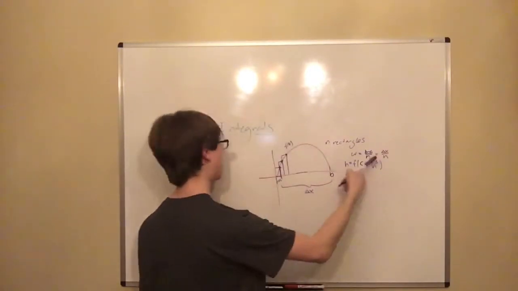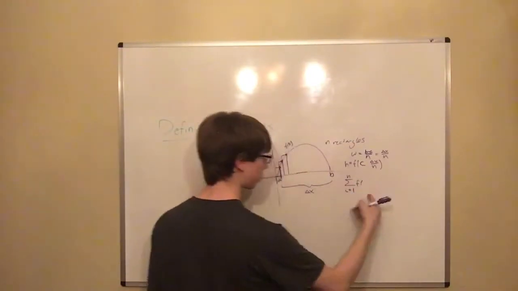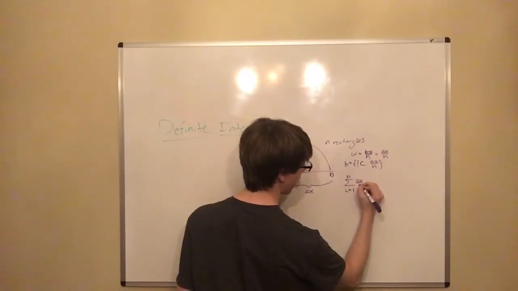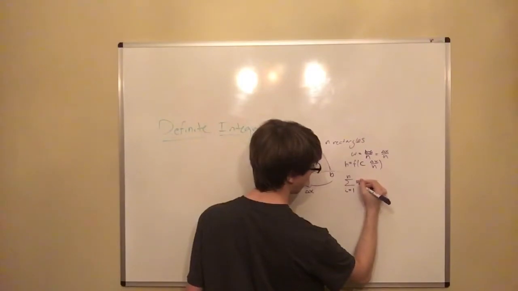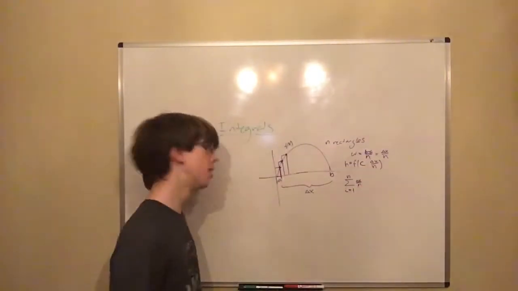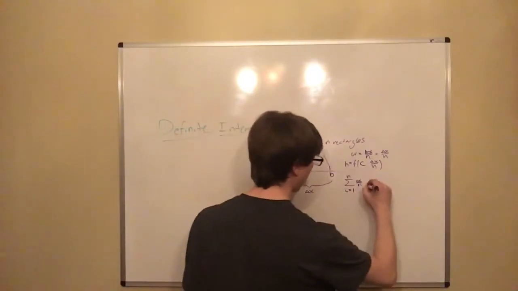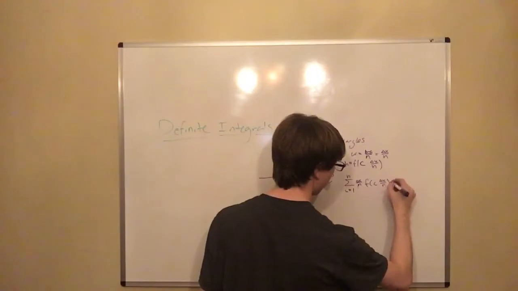From i is equal to 1 to n, we have the width, delta x over n, times the height. So then we just do the area, width times the height. f of c times delta x over n.